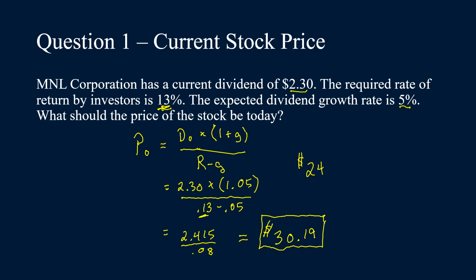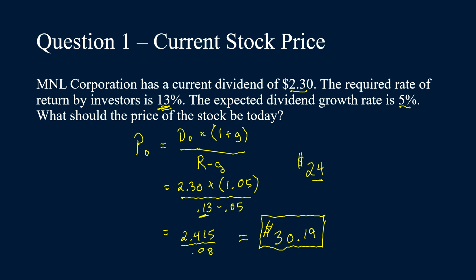Based on your calculations, it's undervalued and a good deal, because you valued it at $30 and it's trading at $24. So you would go ahead and buy that stock.